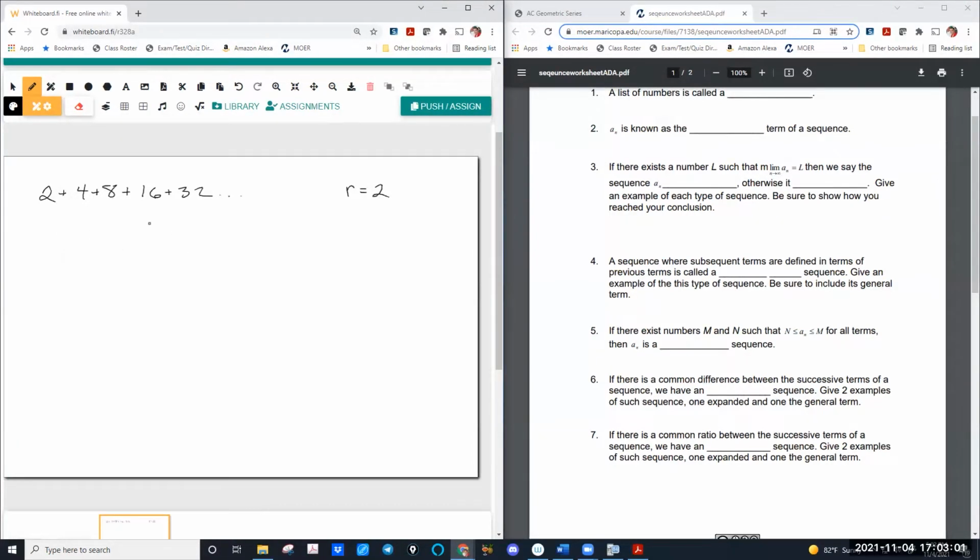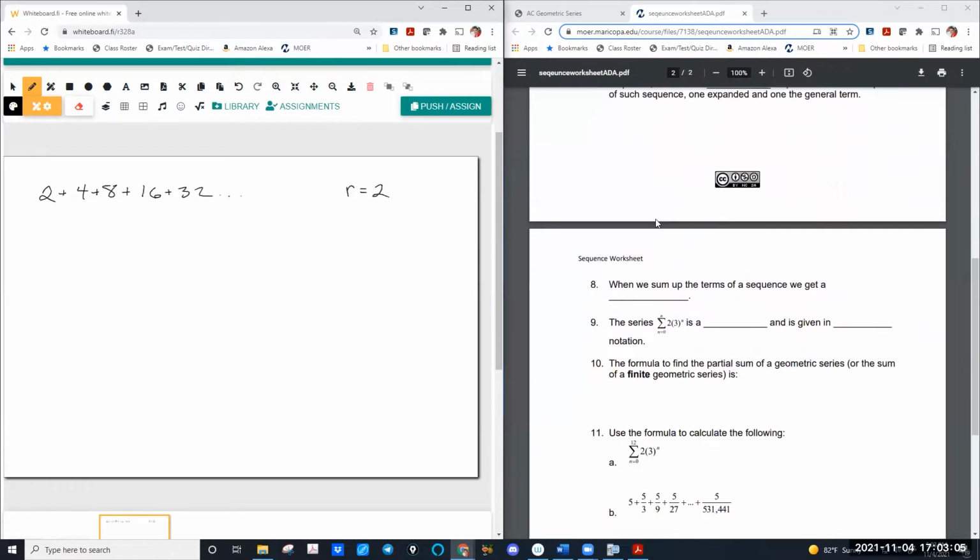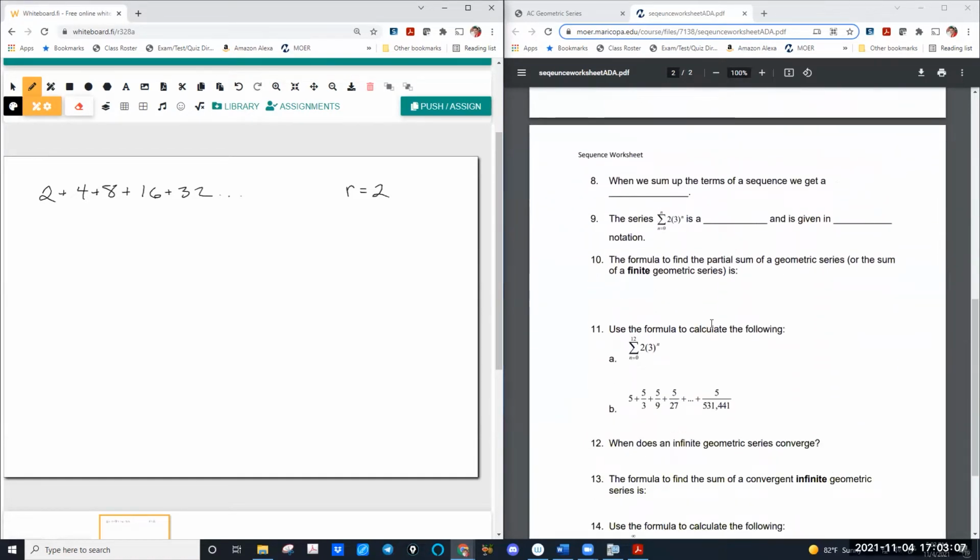And we have the sum of a finite geometric series, and this is from the second page. These formulas you're going to want to know. We use them a lot in this section, and we'll use them for some proofs later in this section. So to find the sum, let's say that this is a finite geometric series.